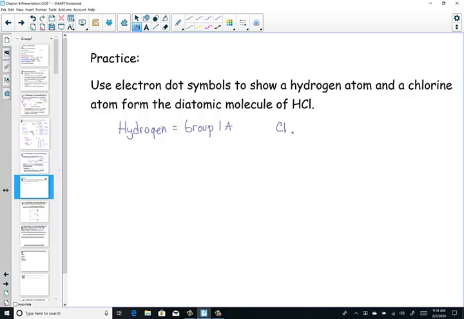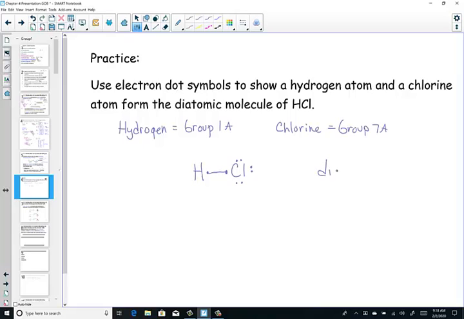And when we find chlorine, we see that it is in group 7A, so we know it has 7 valence electrons. So I see hydrogen with its 1 dot, and I see chlorine with its 7 dots. And I'm going to make sure that I put the lone empty partner here next to the hydrogen. And to show a shared pair of electrons, I'm just going to connect those dots, and that represents a single covalent bond.